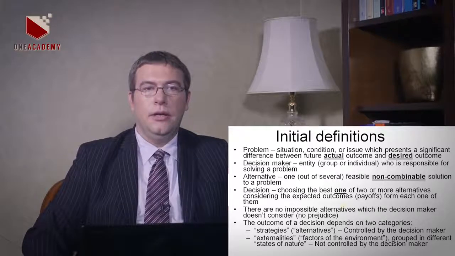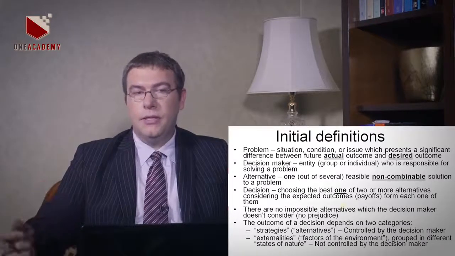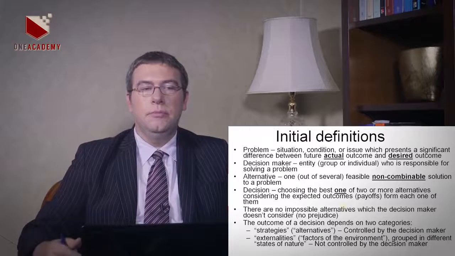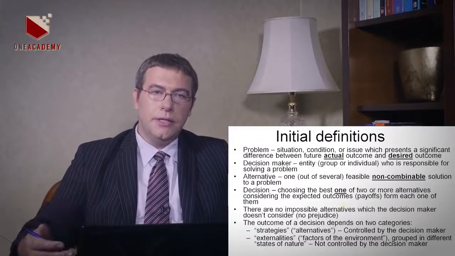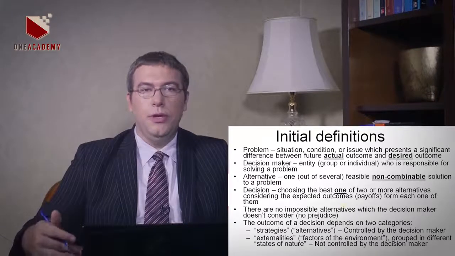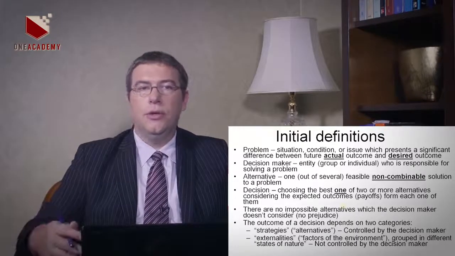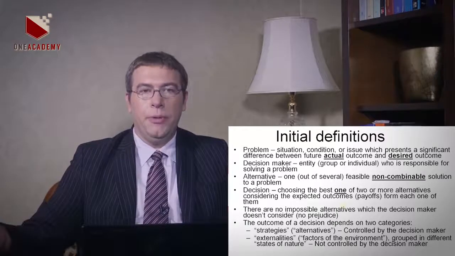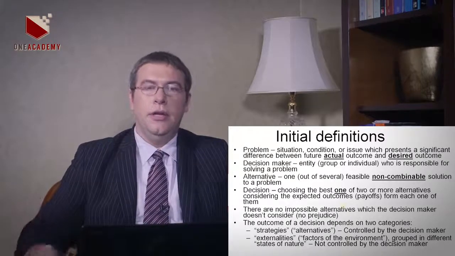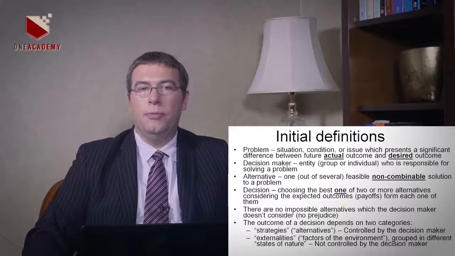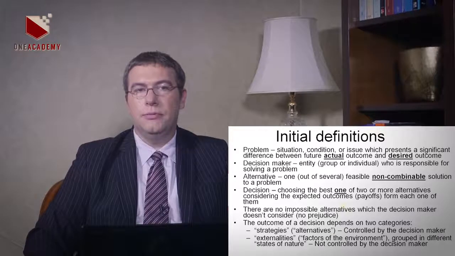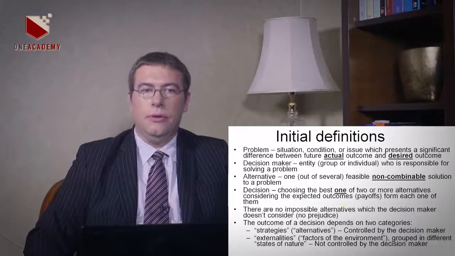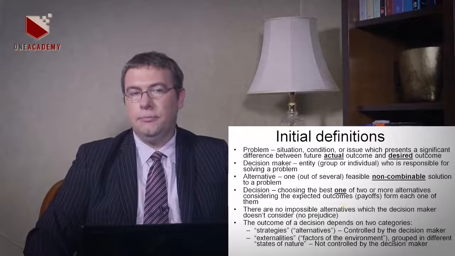Every one of us has some desires, and if there is a significant difference between what we desire and what we expect to happen, we are in a so-called problematic situation or a problem. And this is the easiest way to define a problem, the difference between actual outcome and desired outcome.